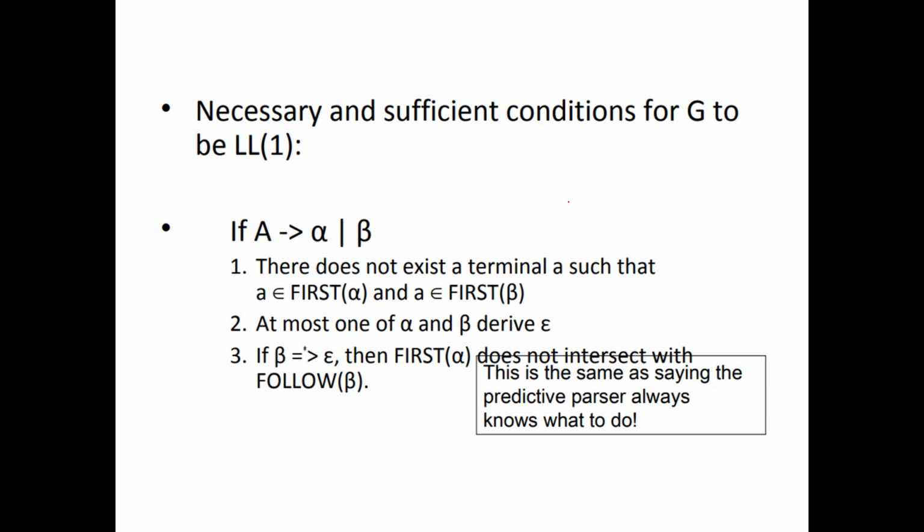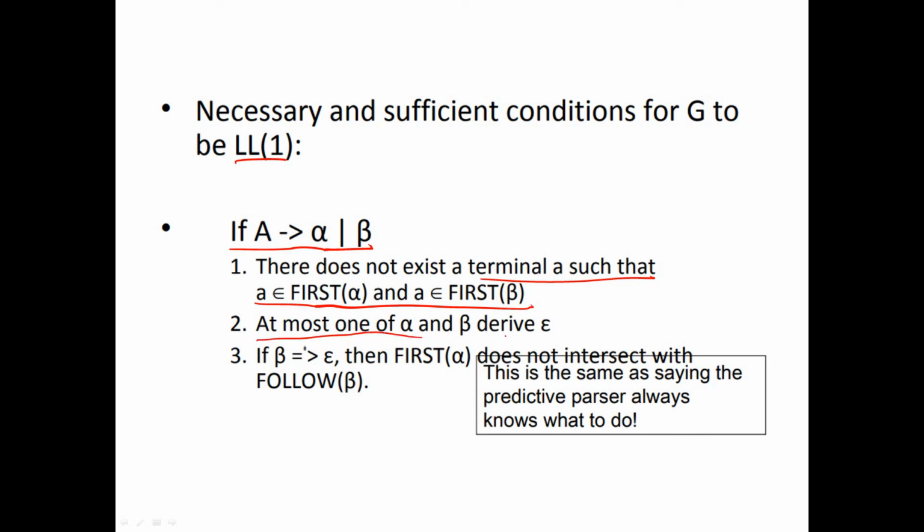When we are using the LL(1) parser, we should follow some conditions. The first one is: if A goes to alpha or beta, meaning the production rule is like this, then there does not exist a terminal a such that a belongs to first of alpha and a belongs to first of beta also.